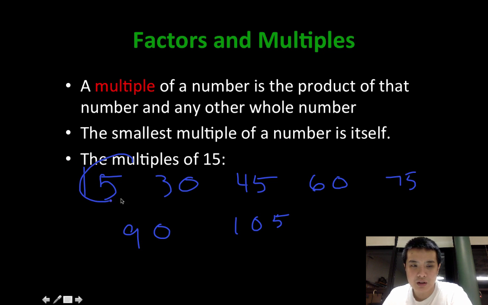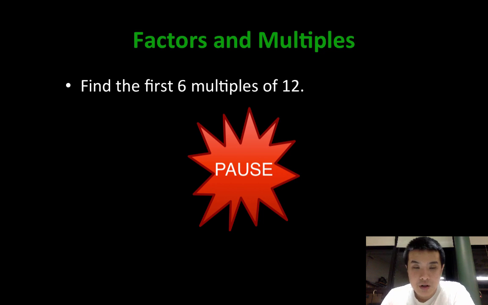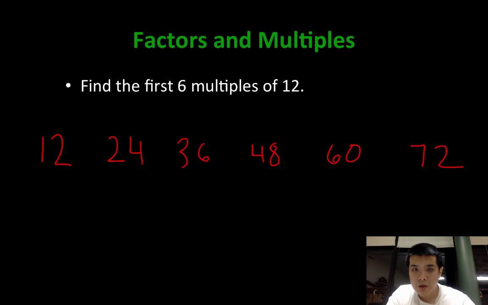It's 15. It does not start with 1 as lots of people like to do. It starts with 15. So now I want you to pause the video and try to find the first 6 multiples of 12. When we count by 12s, we find that the first 6 multiples of 12 are 12, 24, 36, 48, 60, and 72.